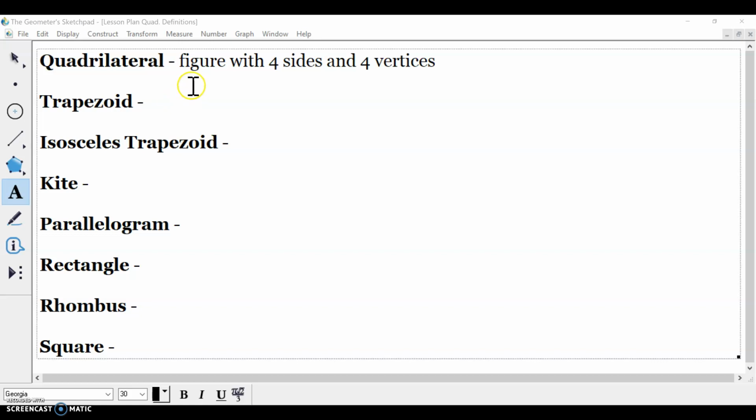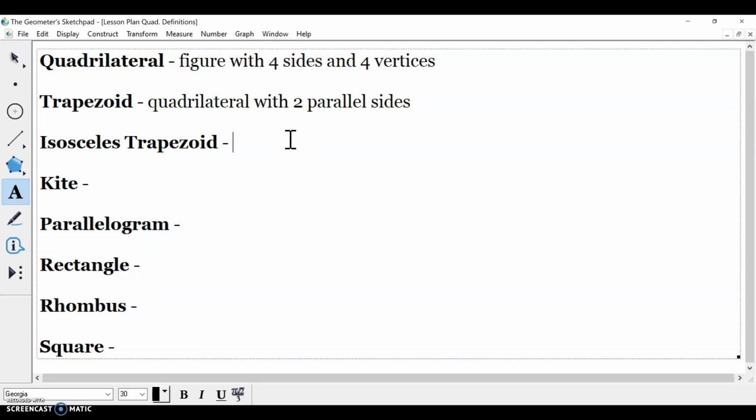So we know that a quadrilateral is a figure with 4 sides and 4 vertices, and that is always how it's going to be. So based on our findings, we can say that a trapezoid we found has no equal sides and no equal angles, but it does have 2 parallel sides. So it's a quadrilateral with 2 parallel sides.